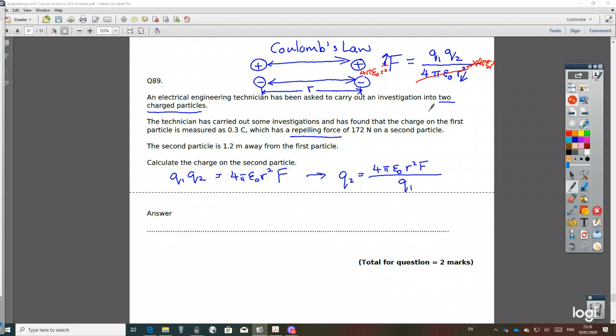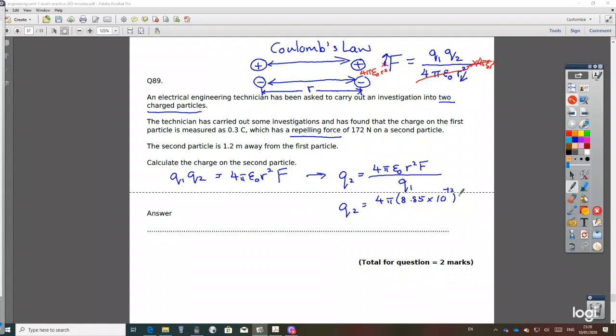So Q2 is equal to 4 pi. Now epsilon naught, off the top of my head, I can always remember 8.85 times 10 to the power of, sometimes I get it mixed up with -15, but it's -12.